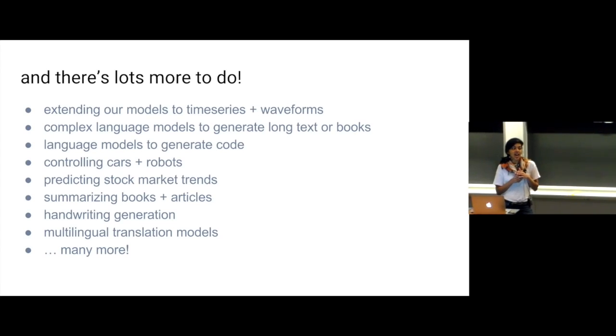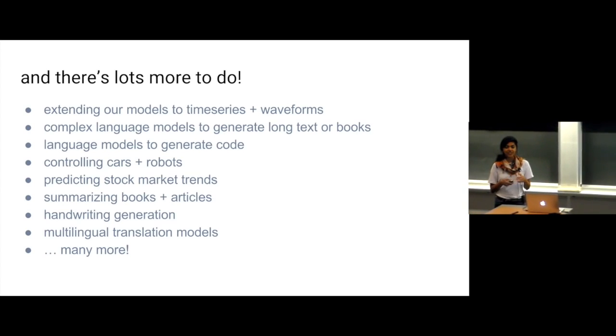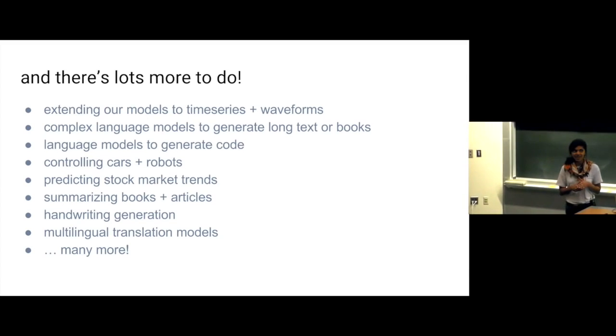Actually, I think that Audi is developing a self-parking car that tries to park itself using LSTMs to model the way that the car will move. Predicting stock market trends, summarizing books, handwriting generation, et cetera. The list goes on. So yeah, I hope that you have an idea of how to model sequences now.